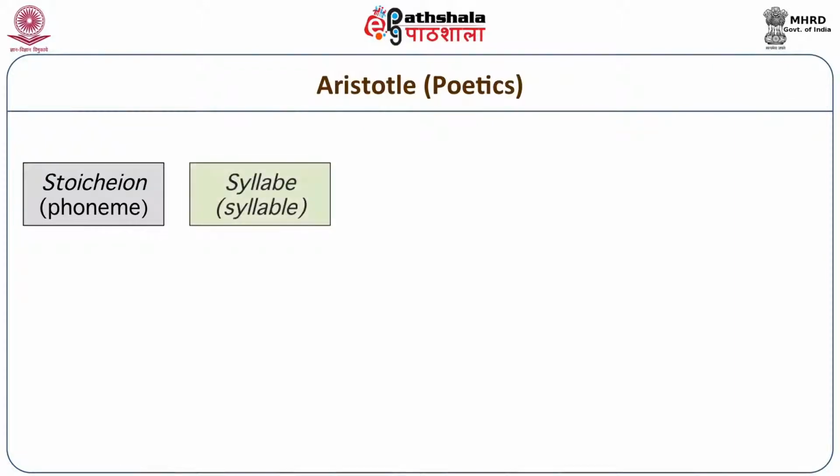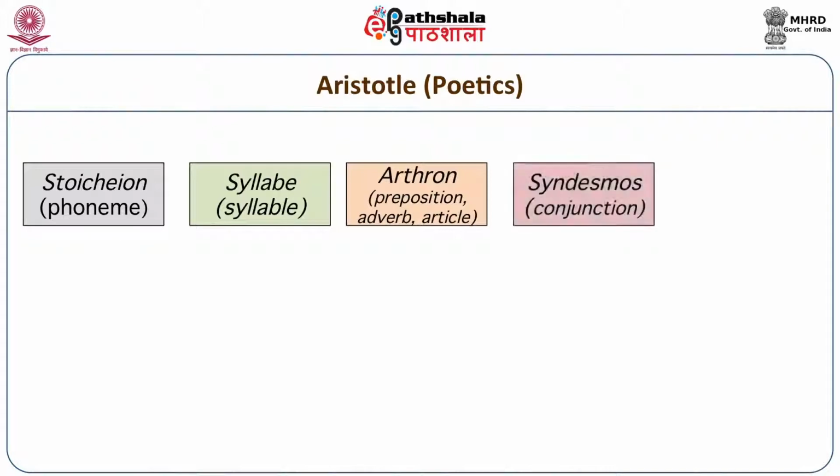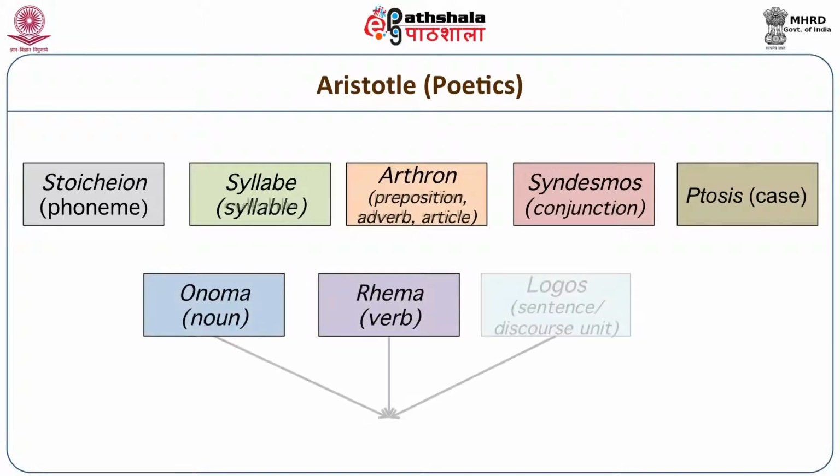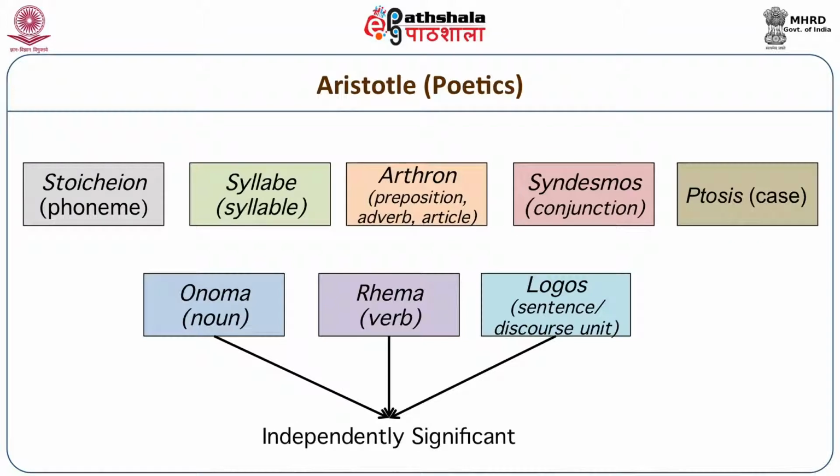This list included phoneme, syllable, proposition, preposition, adverb, article, conjunction, ptosis, which is case, onoma, which is noun, rhema, which is verb, and logos, which variously represented sentences or discourse, that is, a unit that is capable of independent signification.